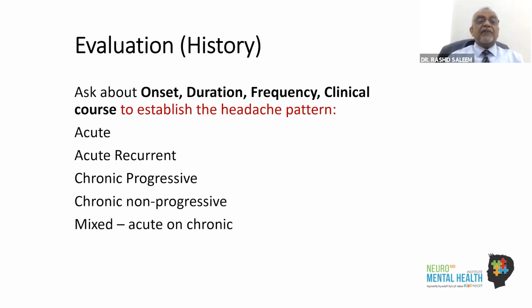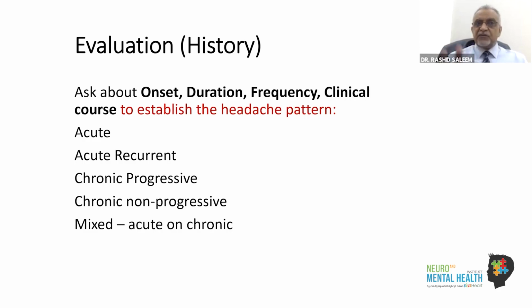Okay. So first, you want to establish the pattern of headache. We said acute headache, acute recurrent headaches, chronic progressive headaches, chronic non-progressive headaches, or acute on chronic, which is a mixed pattern. So what do you need for that? Ask the onset of headache, duration, frequency, and clinical course, whether it is acute, whether it is acute recurrent, whether it is progressive, progressively worsening, or whether it's chronic non-progressive.